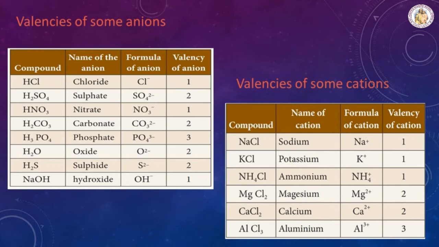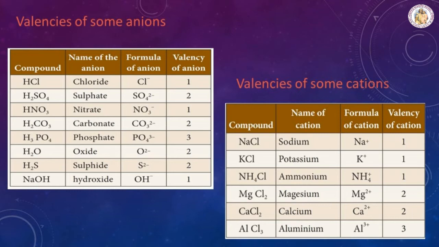Then in sulfuric acid, the name of the anion is sulfate, and the formula for the ion is SO4 2 minus, and the valency of the sulfate ion is 2 because it combines with two hydrogen atoms. Next, in nitric acid, HNO3, the name of the anion is nitrate, and the formula is NO3 minus, and the valency of the nitrate ion is 1 because it combined with one hydrogen atom.